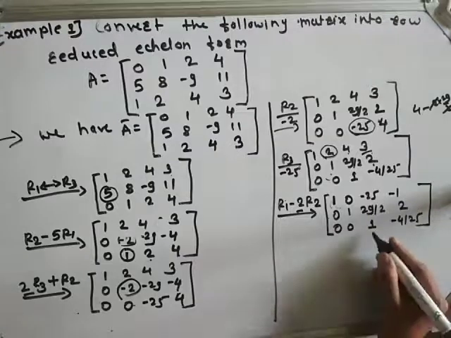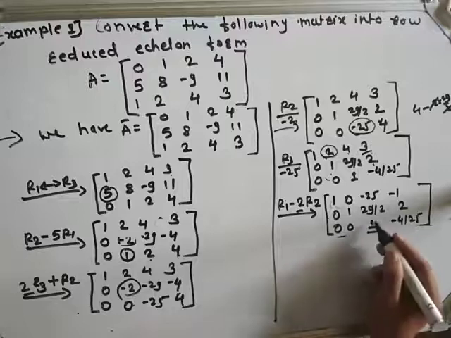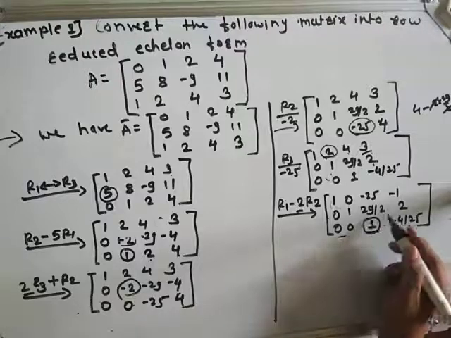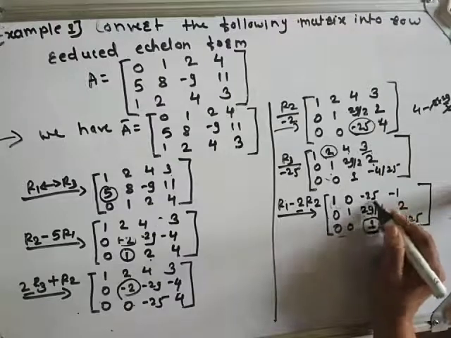See here, in this column, in the third row, this one is the leading 1. Therefore we require 0 here.